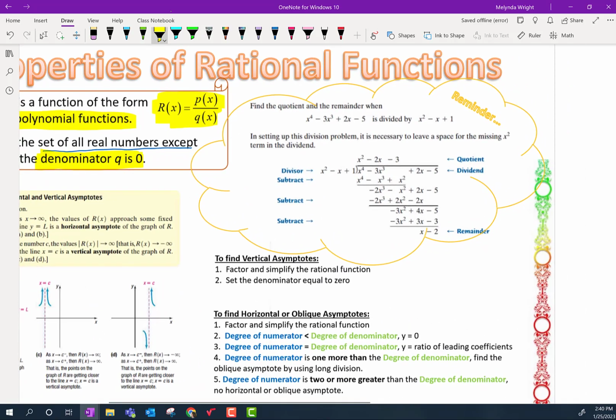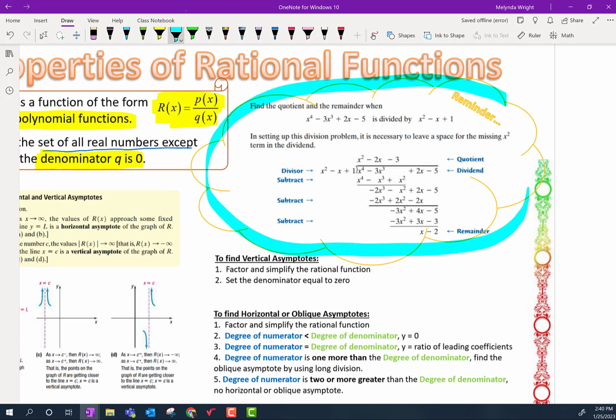Let's look at over here. This is just a reminder. We did this last year. If you need to refer to last year's notes, you certainly can. We're going to be needing to do long division. So what I did is I put up a completely worked out problem with long division so that you could take a look at it if you needed to remind yourself. What I would do typically, see that there's this blank right here.